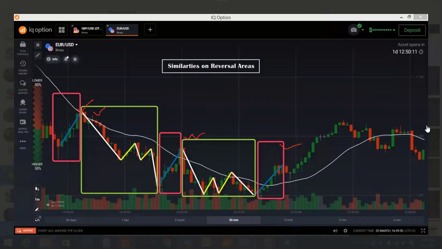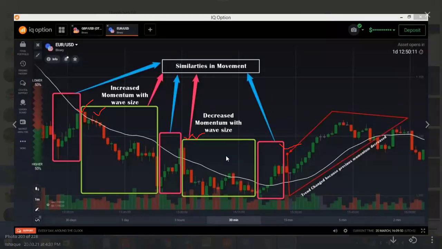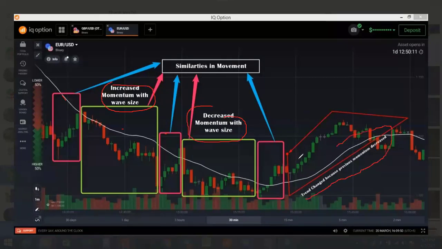See here now. So this movement and this movement, we can say increased momentum with wave size, decreased momentum wave size. The trend is changed because previous momentum is decreased, right? Okay.